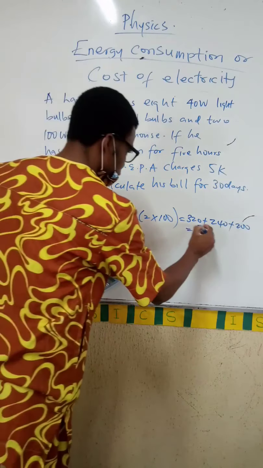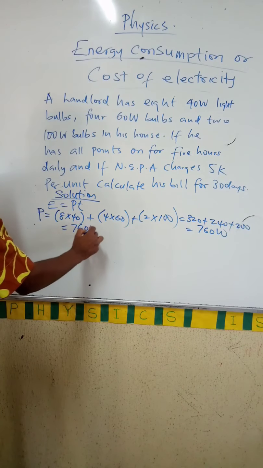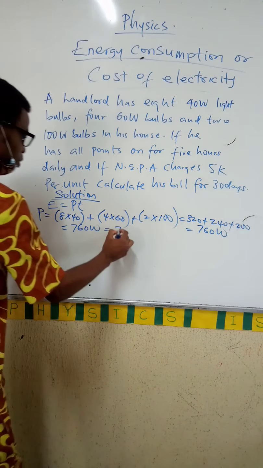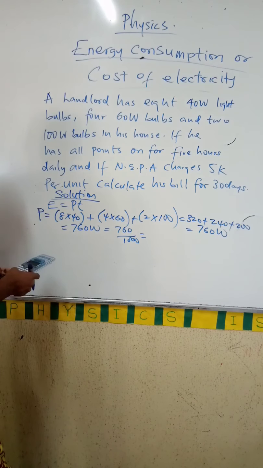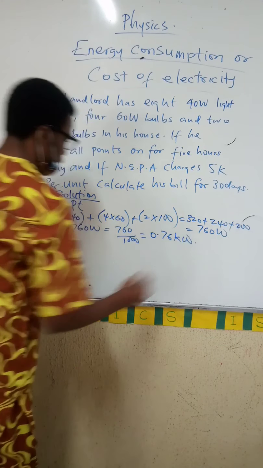We have 760 watts. And we must convert it to kilowatts. That will be 760 divided by 1000. And that will be 0.76 kilowatts.